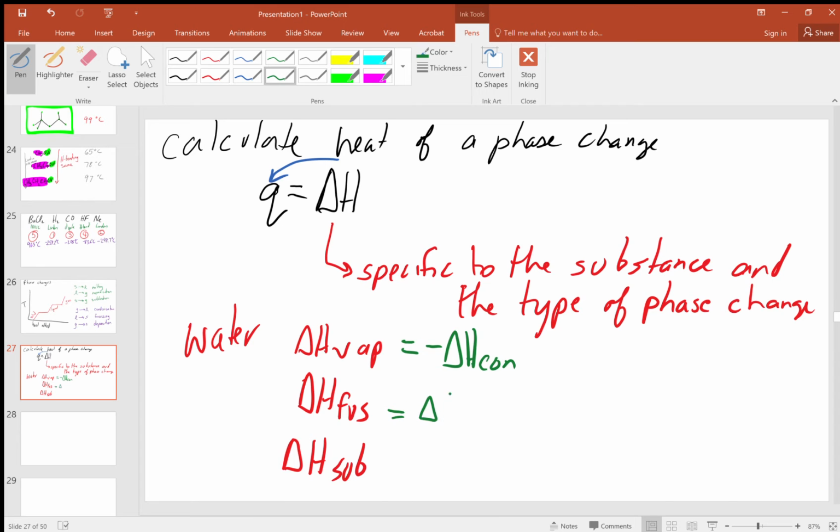Same thing for freezing, and same thing for deposition. So these delta H, or what we call enthalpy, and that's something we'll talk about what that means later.